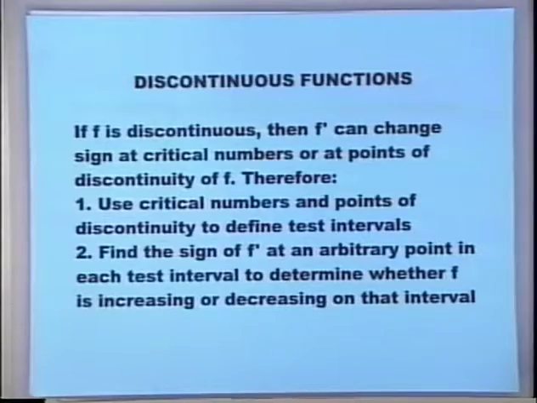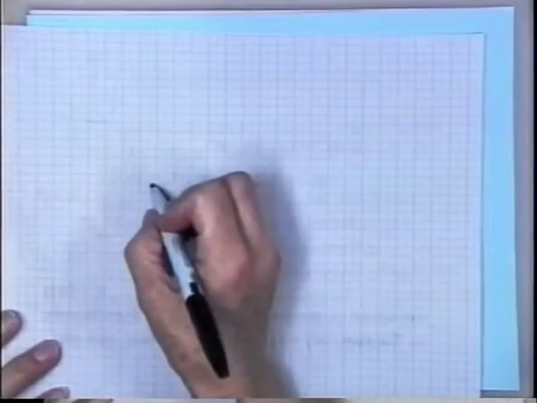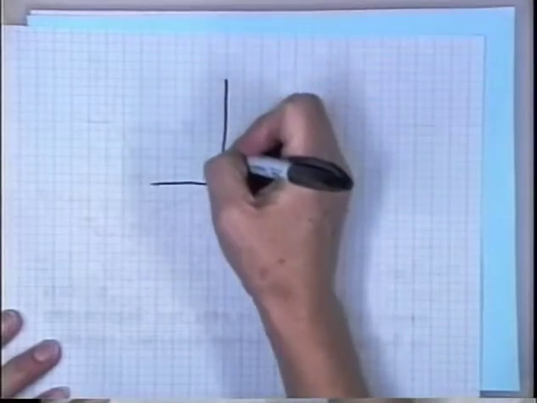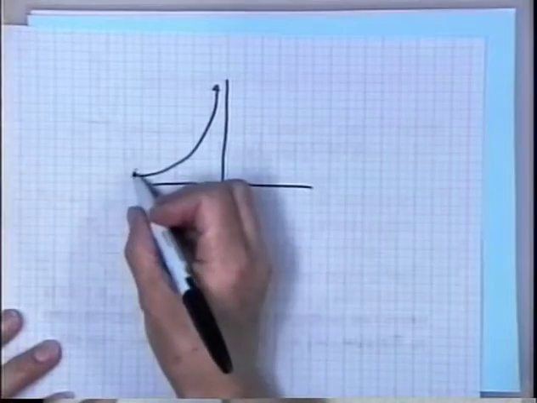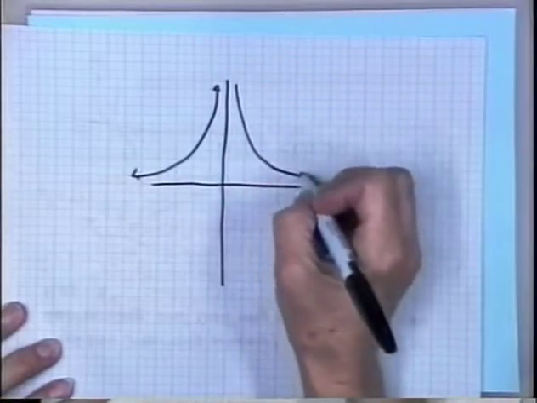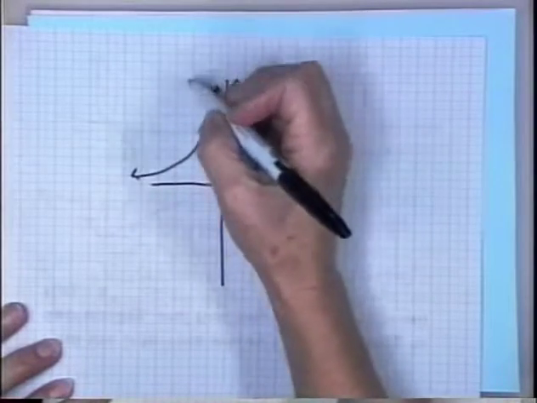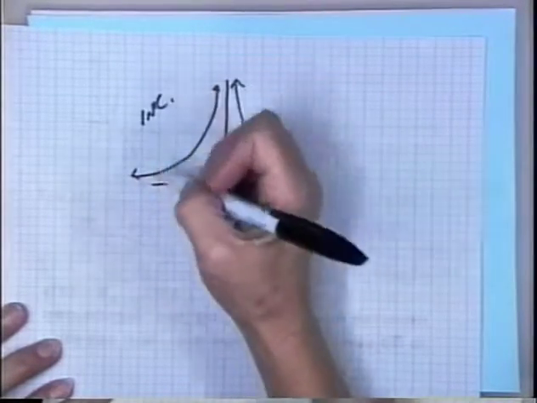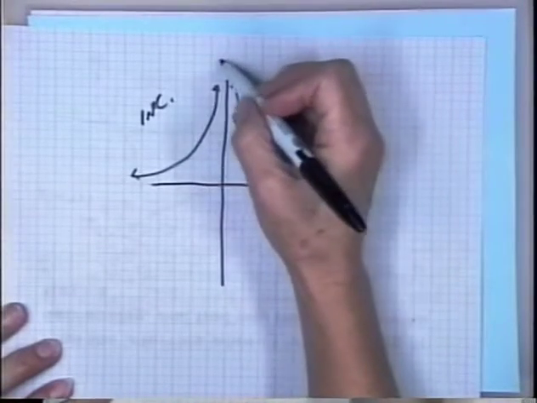Let me just, on the back of this, show you right quickly. You're familiar with graphs of functions where you have an asymptote or something. Let's say we've got a graph that does this, and on this side it does this. Notice my graph is increasing here, but here it's decreasing. It's undefined.